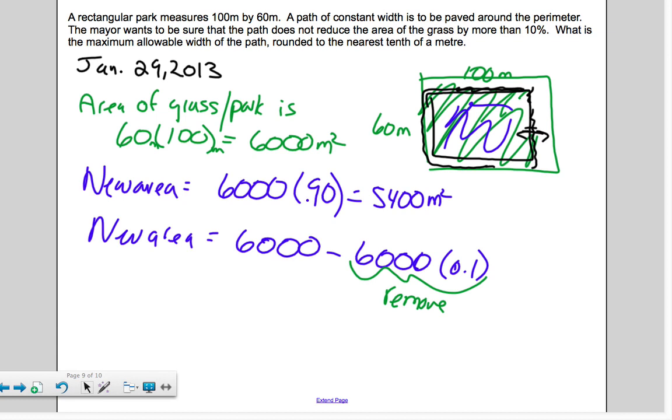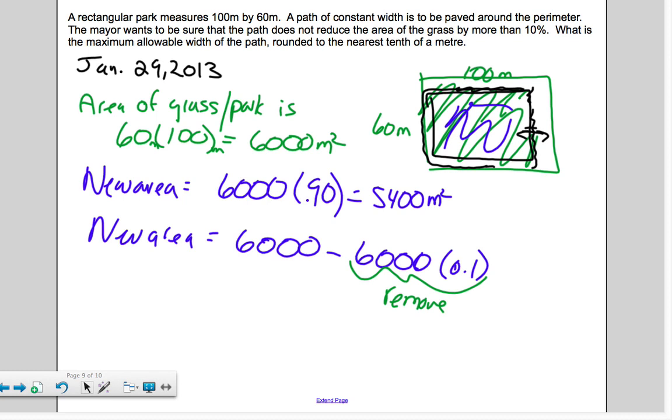Okay, but it says the maximum amount of area for the grass does not reduce the area of the grass. In other words, we don't take more than 10% away of the grass. Exactly. So wouldn't the thing be 600? Yeah, at most we can only take away 600. We do not reduce.